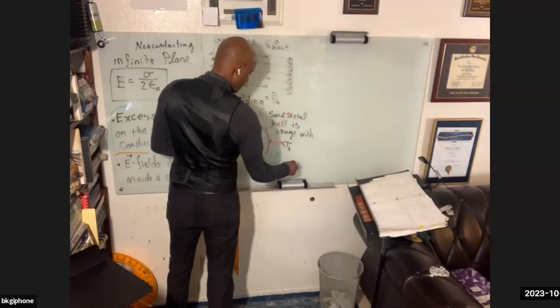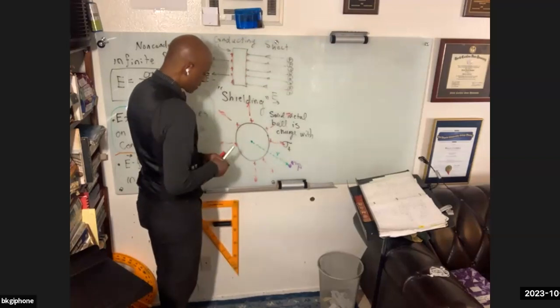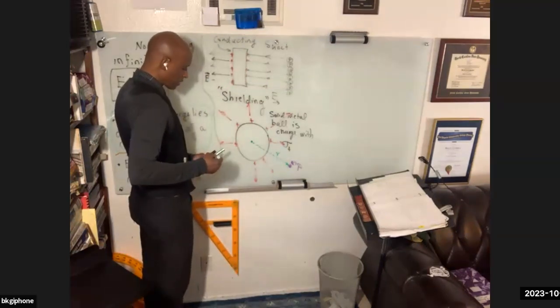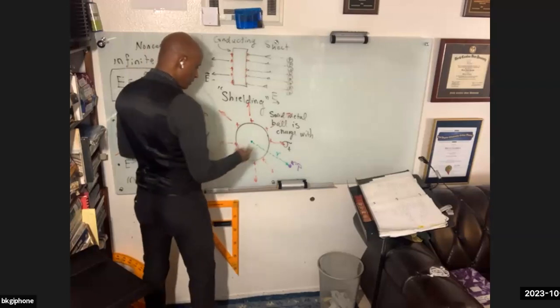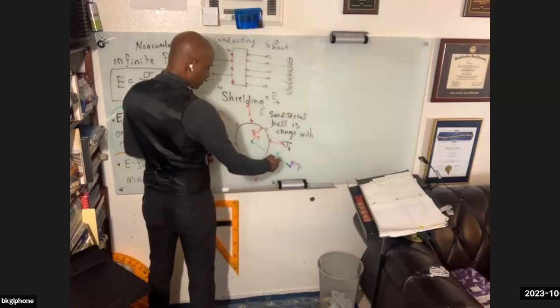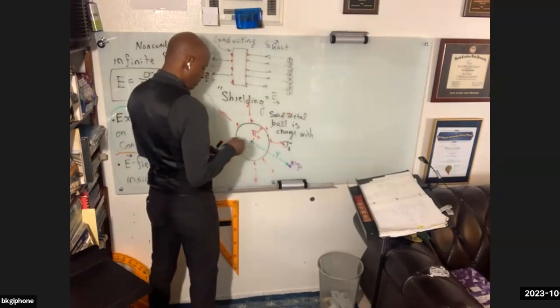It'll give us a good chance to review. Now, let's call the radius of the ball itself capital R naught, just like we did yesterday. This radius here is capital R naught, and the radial distance away from the center is small r, the position vector.